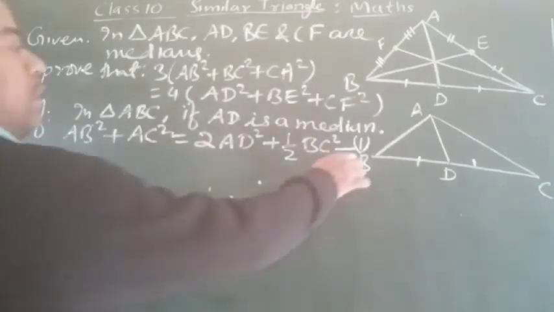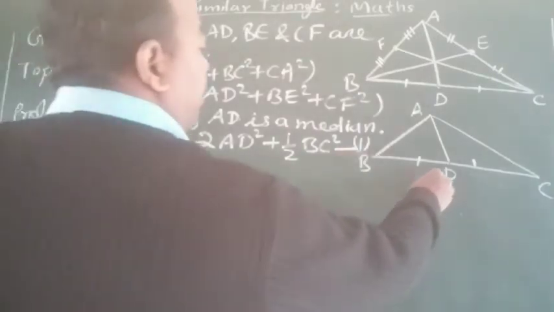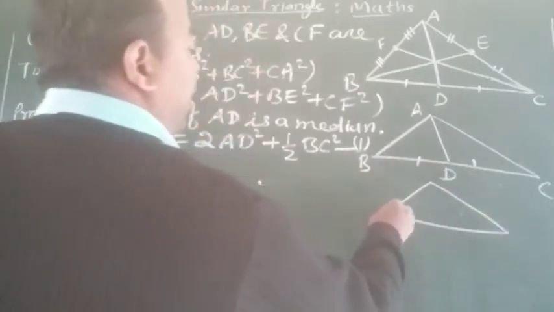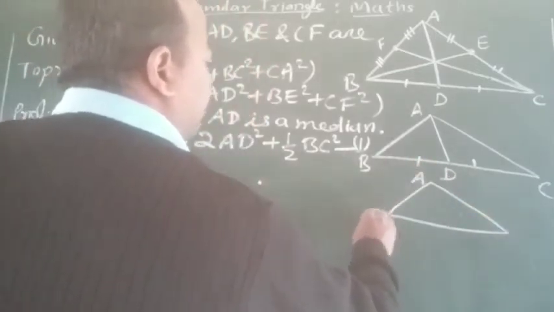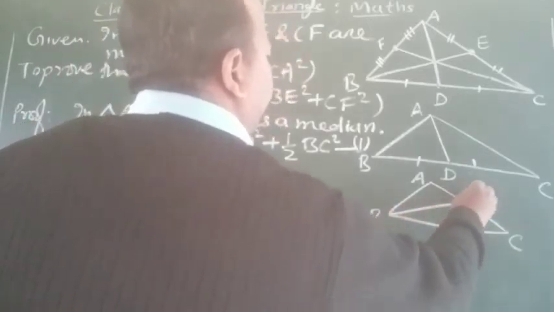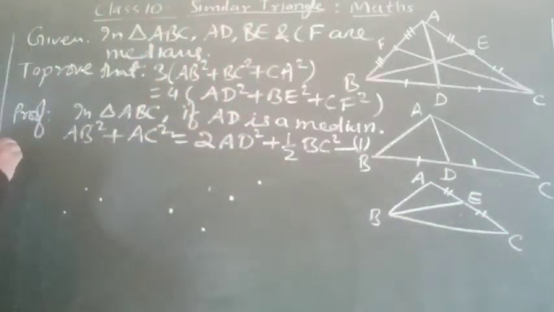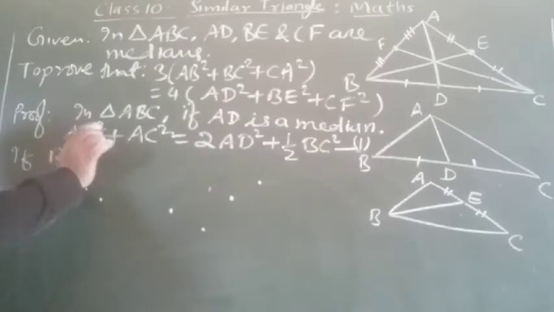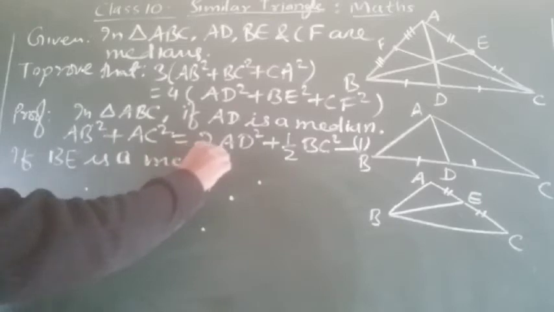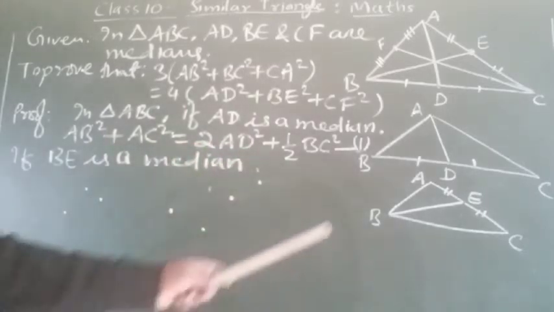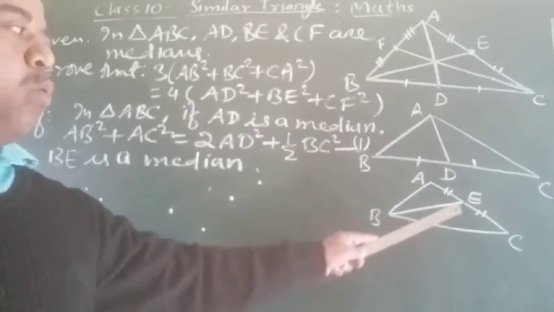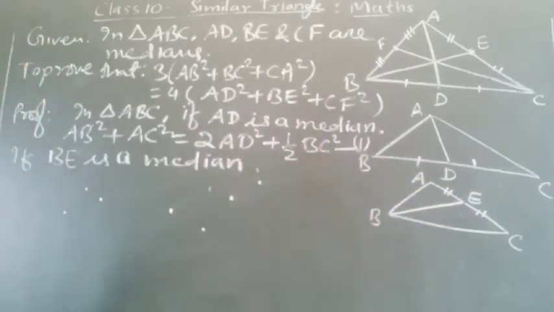Now the second one I am going to use. In triangle ABC, if BE is a median, then we can say AB square plus BC square equals 2BE square plus half AC square, by using this concept.